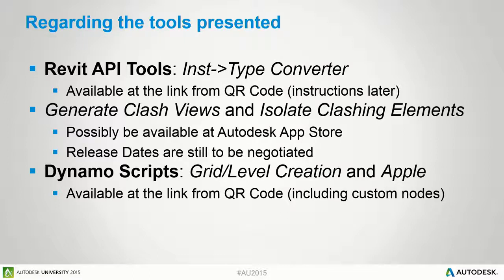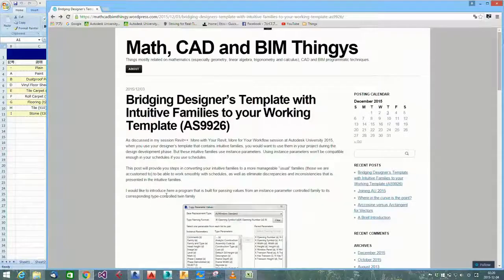Regarding the tools that I presented here, for example, this inst type converter, actually I didn't demo this one, but I put it in my blog that I am writing here. I'm not that active in blogging, because my company doesn't allow us to blog for some network security reasons.